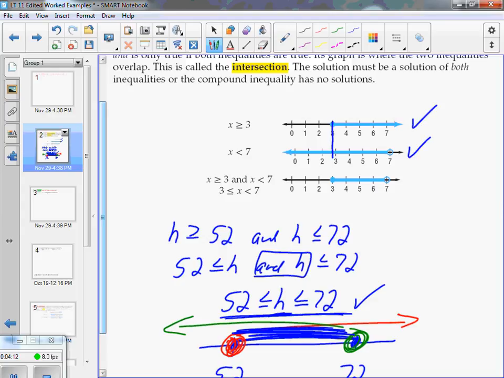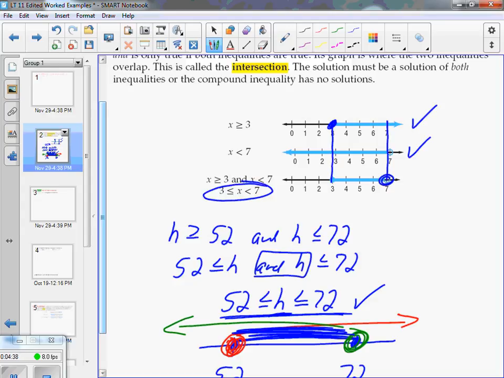Where do the two graphs overlap? Right there. So, what are the solutions to this compound inequality? Between 3 and 7, including 3 because that was colored in, not including 7 because the 7 was not colored in. Make sense?